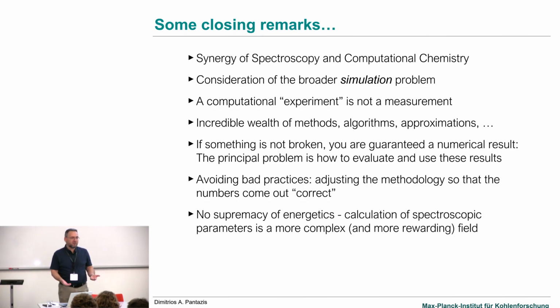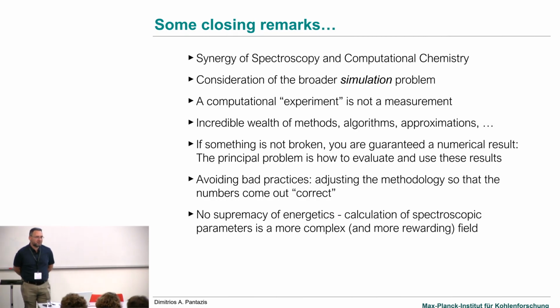So most of the time, unless something is really broken, you will get a result. And that's the dangerous thing about computational chemistry: are you doing something meaningful? You need to look into that and decide for yourself if you're doing something meaningful, because a good number, or a good looking number, does not guarantee that what you did is meaningful.